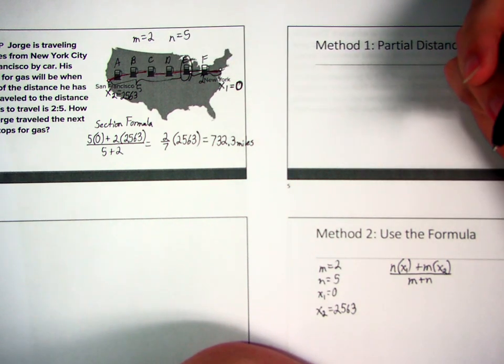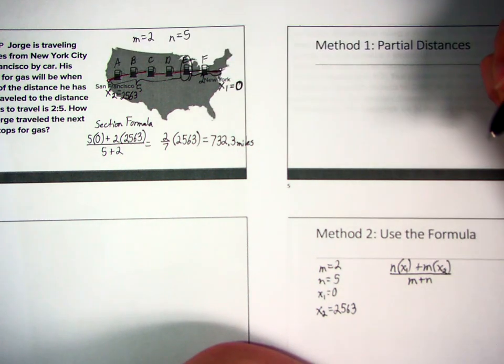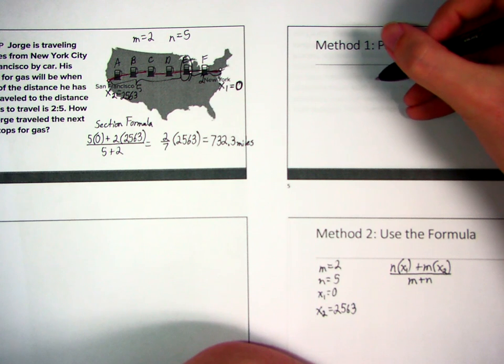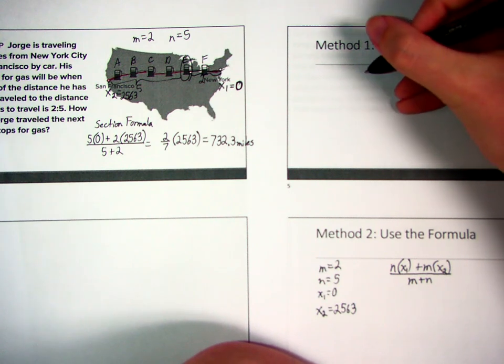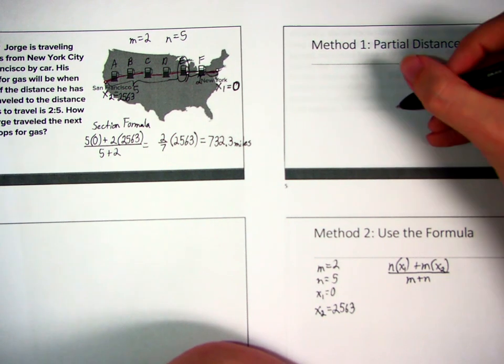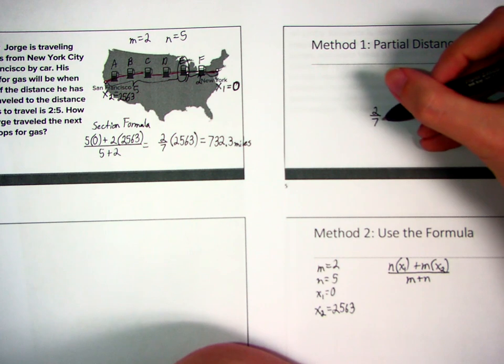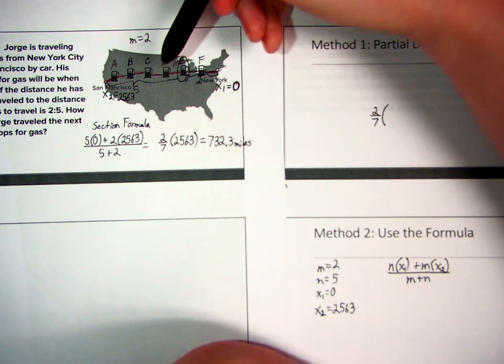We're going to think about what fraction of the entire trip we're going to travel to begin with. We're going to travel as a fraction 2/7 of the entire trip. 2/7 times the distance we're traveling.